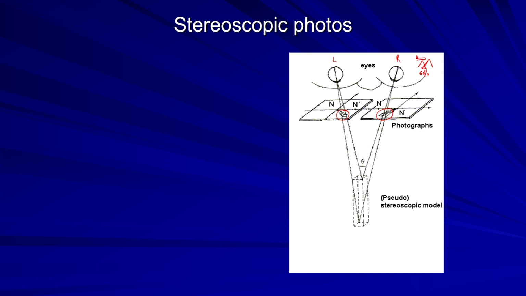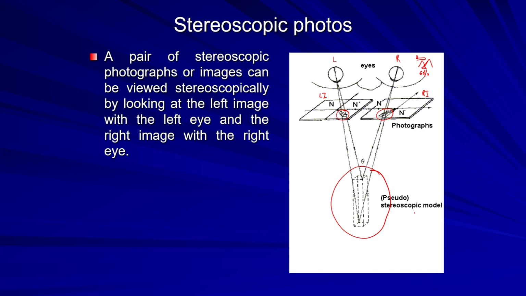If with the right eye you view the right image, and with the left eye you view the left image, you will get a pseudo stereoscopic model in your brain, and that will give you an idea.